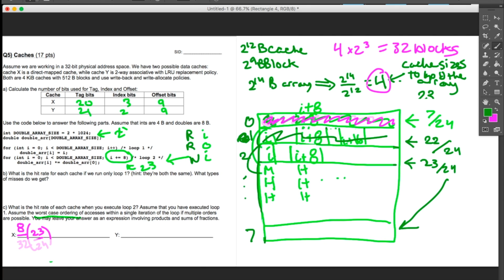So we know that the hit rate is going to be this value plus 3 times whatever we have in this quarter, because the second, third, and fourth quarters are all going to have similar hit rates. So what's the hit rate here? We have 1 over 32, so one block that has a hit rate of 7 over 24, and we have 1 over 32, which has a hit rate of 22 over 24.